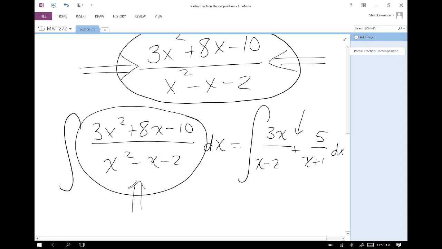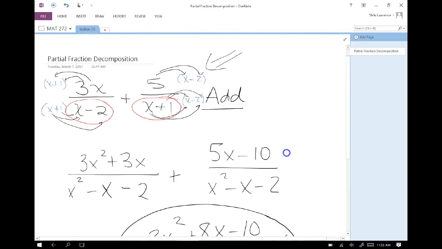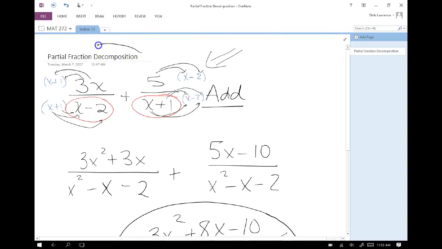So if we could figure out how to turn this into this, which is really just undoing the addition problem, we can then integrate. So we are undoing this find common denominators and add. We're separating back apart. So that's where this decomposition word comes from. We're pulling them back apart into individual pieces. It's decomposing.